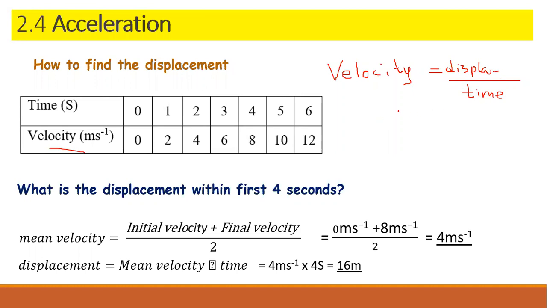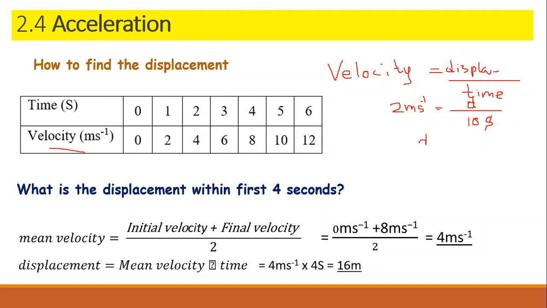A person may tell us that 2 meters per second is the velocity, and a particular distance d has been travelled within 10 seconds. In this case, we can find the total distance by a normal calculation.